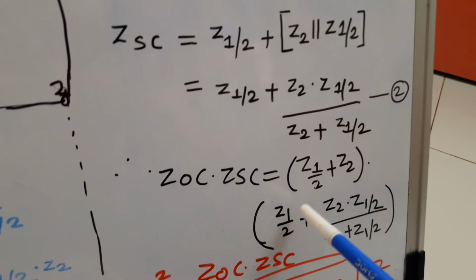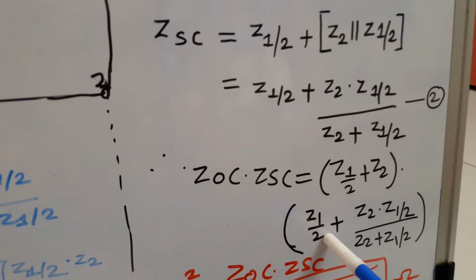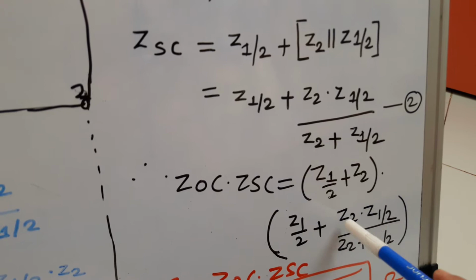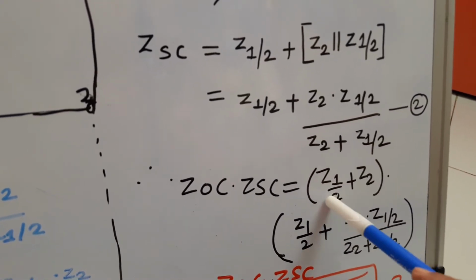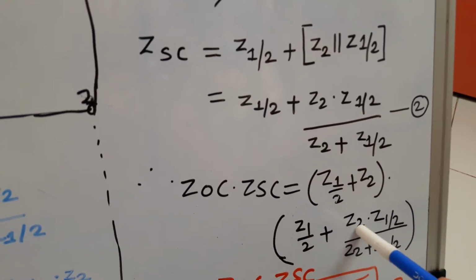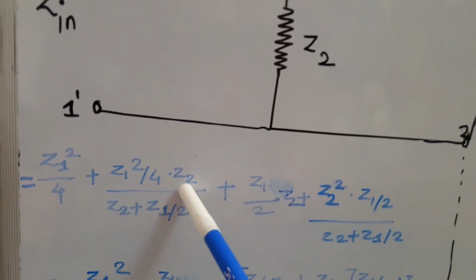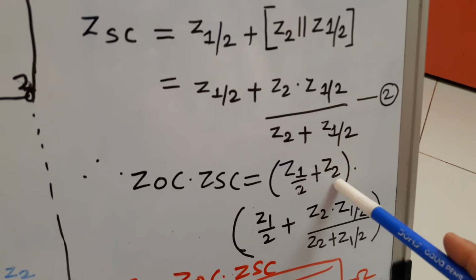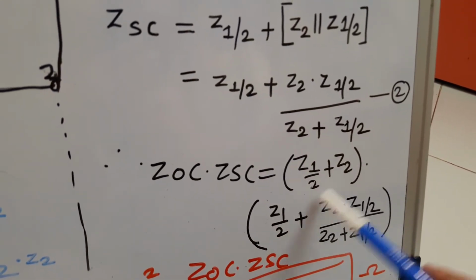For your understanding we have done it here. Z1 by 2 multiplied with Z1 by 2 gives Z1 square divided by 4. Then Z1 by 2 multiplied with Z2 into Z1 by 2 divided by Z2 plus Z1 by 2 gives Z1 square by 4 into Z2 divided by this denominator. The third term is Z2 multiplied with Z1 by 2, so Z1 by 2 into Z2.